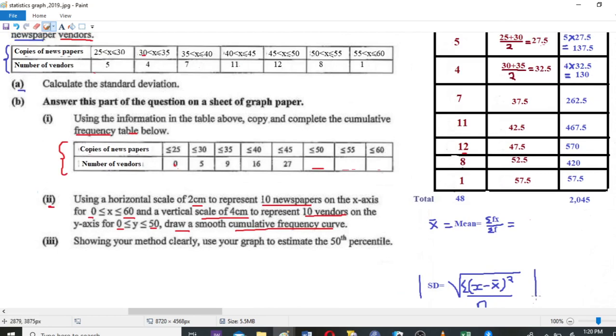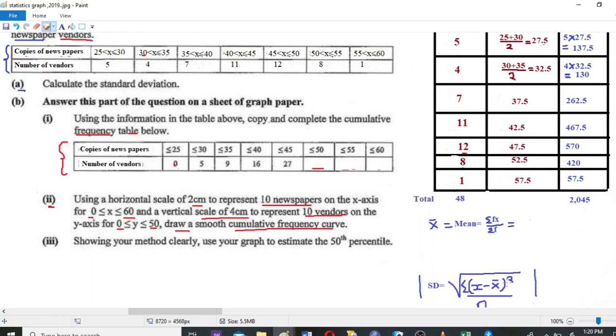Inside it we have x minus x bar, which is our mean: the x values minus the mean, squared, divided by n, which is 48 in this case. Then we find the square root of what we get inside.